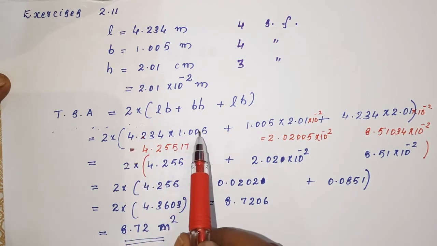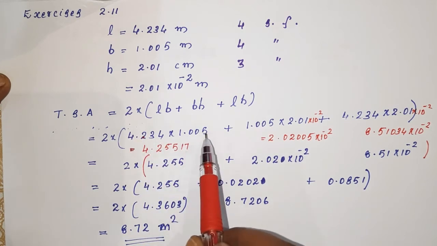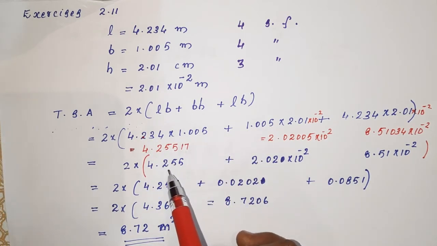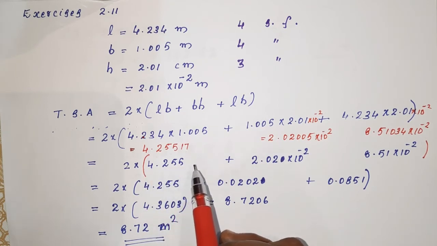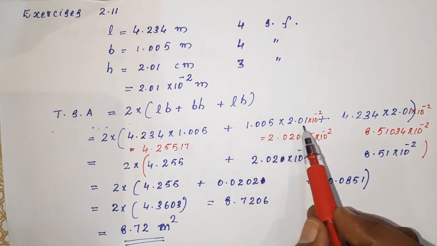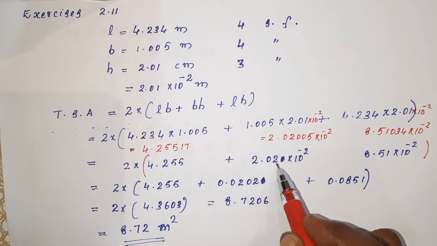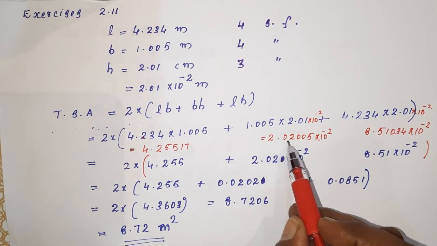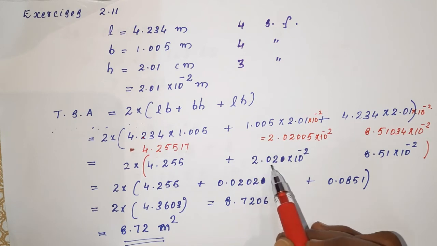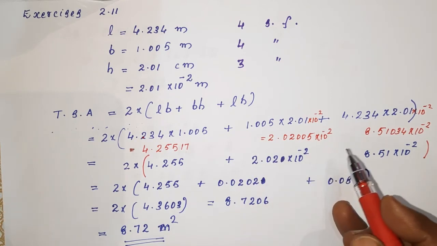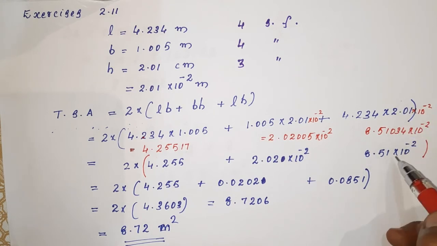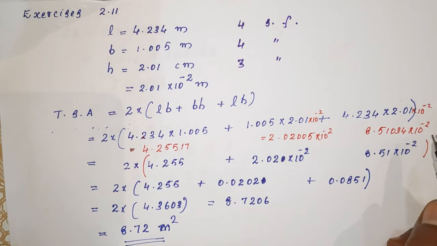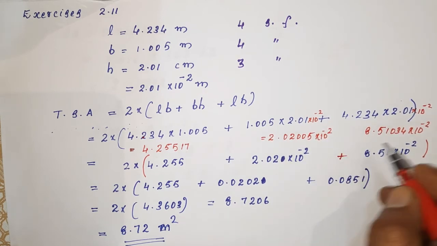But in this product, each one has 4 significant figures, so in the product also we need to keep 4 significant figures. So 4.255. Here the least significant figures is 3, so in the product you need to maintain 3 significant figures. 2.02005, you can write it as 2.02 into 10 raised to minus 2. Here also least is 3, so in the product you have to retain 3. So that is the first step.